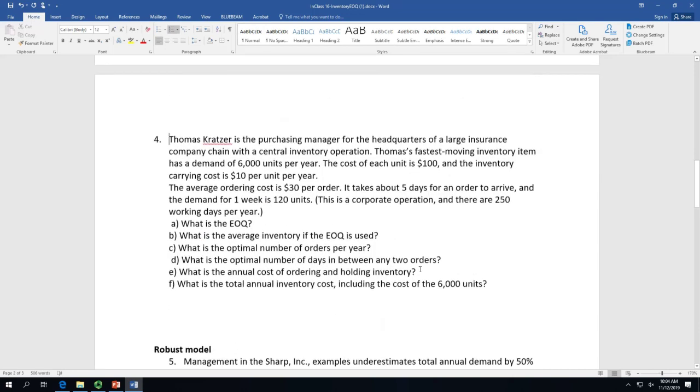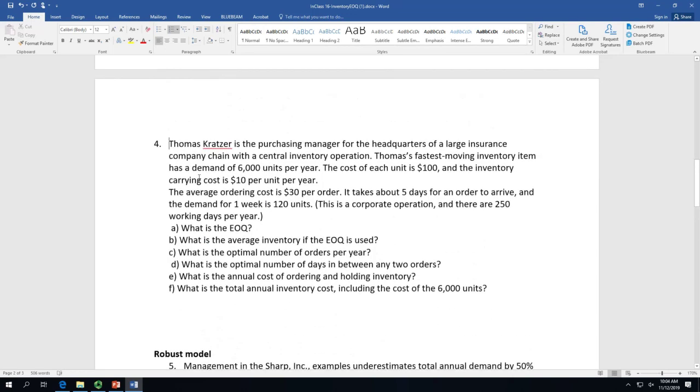Okay, Thomas is the purchasing manager for the headquarters of a large insurance company chain with a central inventory operation. Thomas' fast-moving inventory item has a demand of 6,000 units per year.